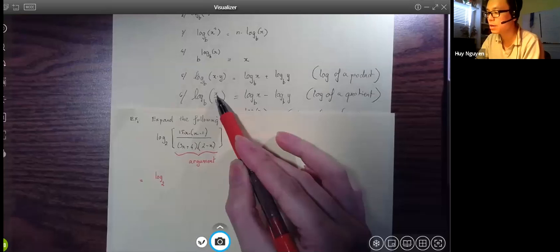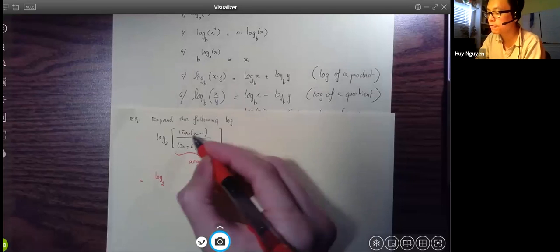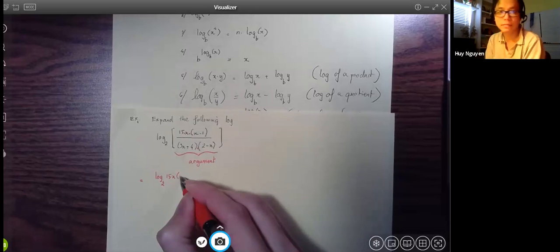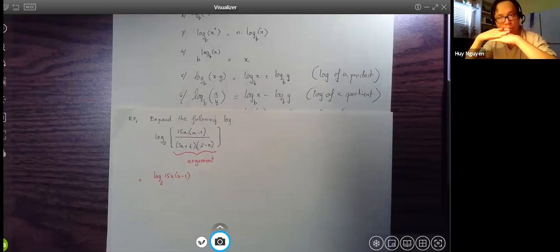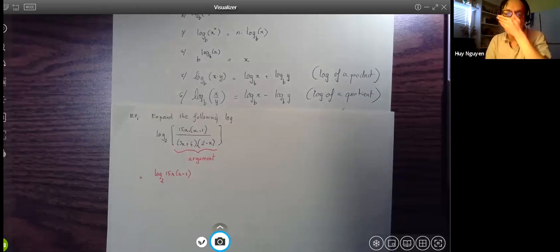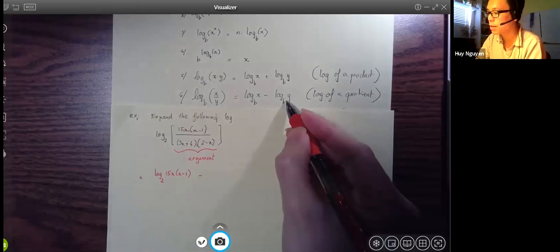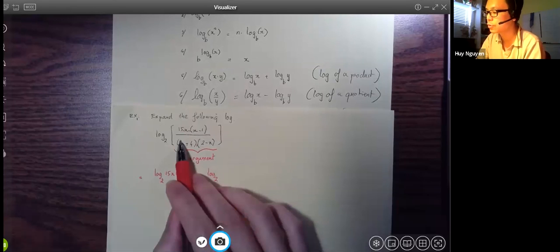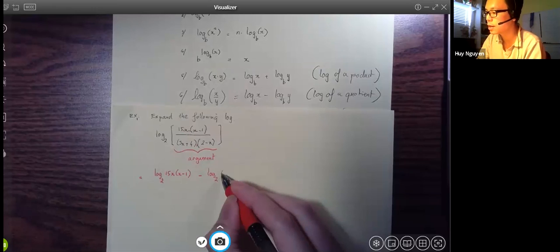The top in this case would be 15x times x minus 1. You see that when I'm writing, the argument is on the same level as the log. The base is lower, because the base is a subscript, written lower. Minus log base 2 of the denominator. The denominator is this: 3x plus 4 times 2 minus.